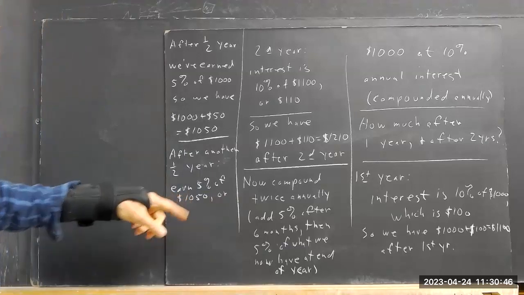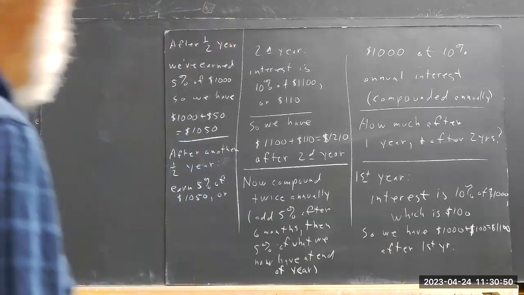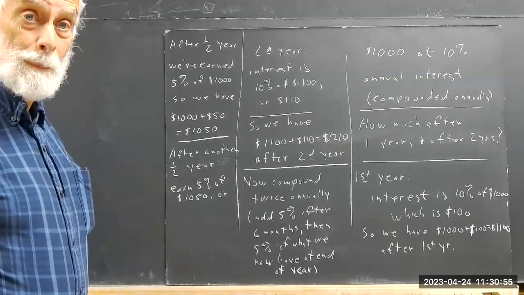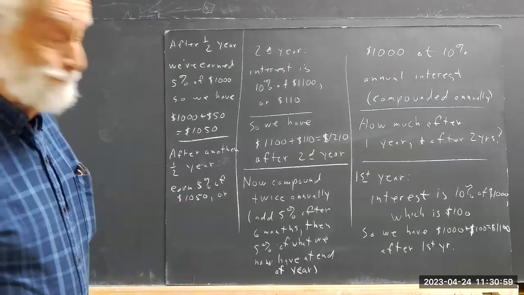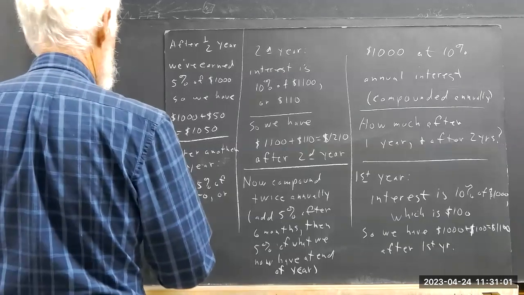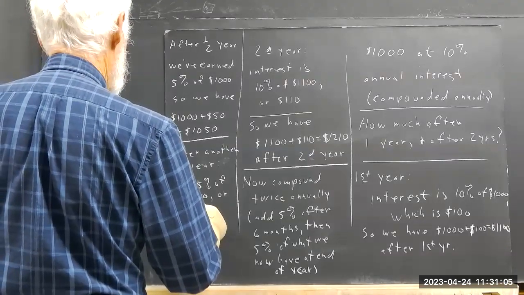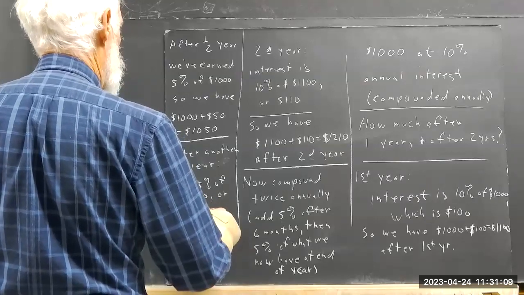Then we earn 5% of $1,050. And 5% of 1,050: well, 5% of 50 is $2.50, so we earn $52.50.